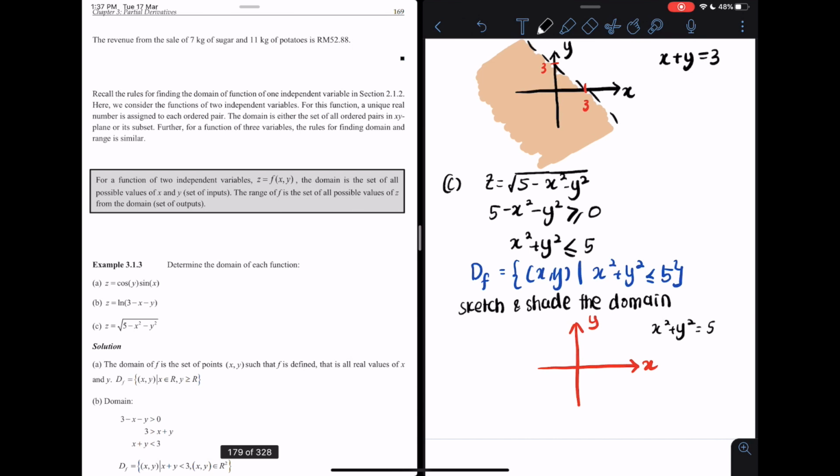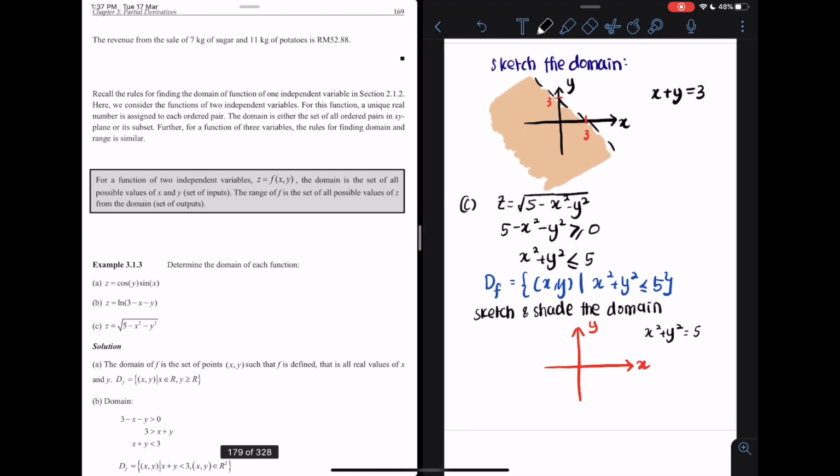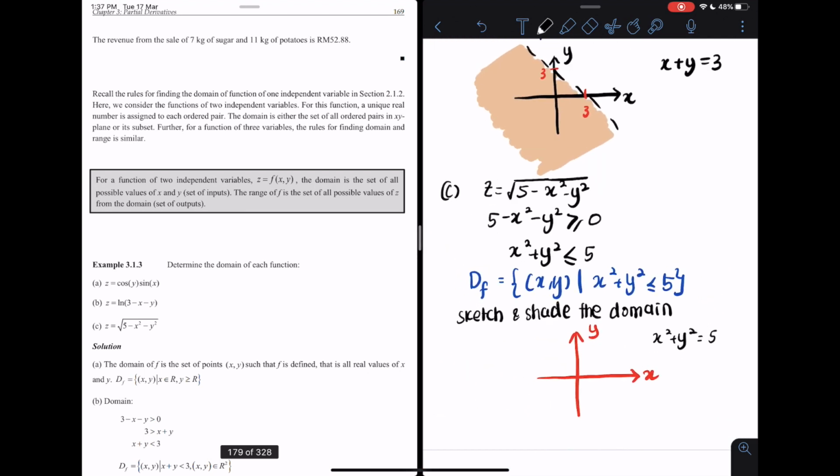This equation gives us a circle, and we will use a solid line, because according to what we have here, x squared plus y squared less than or equal to 5, there is an equal to in the inequality. The radius of this circle is the square root of 5 and it is centered at the origin, and based on the inequality it is less than or equal to 5.